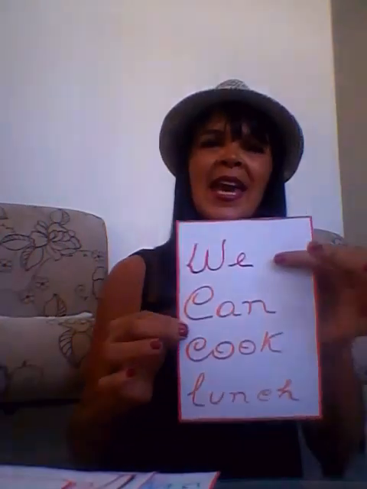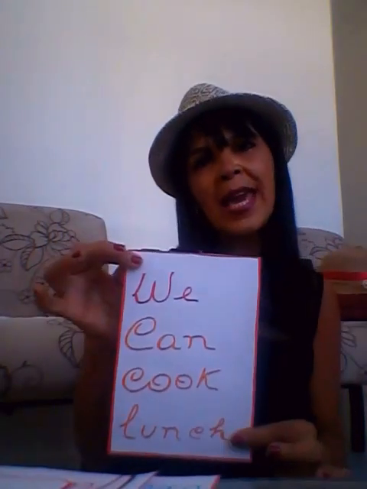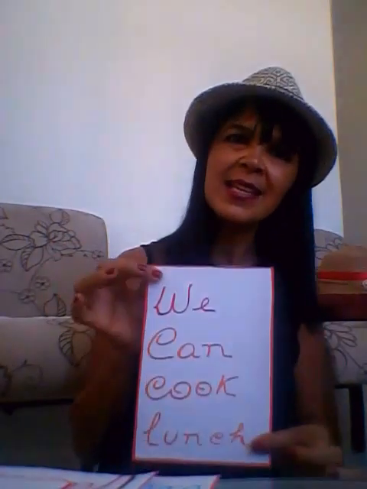Do you have the capacity? Do you have the ability of doing that? We can cook lunch. We can prepare food. Yes, can. Notice here, guys, that I brought lots of examples. Affirmative sentences talking about modal verbs expressing abilities, expressing competence, expressing capacity that people have.